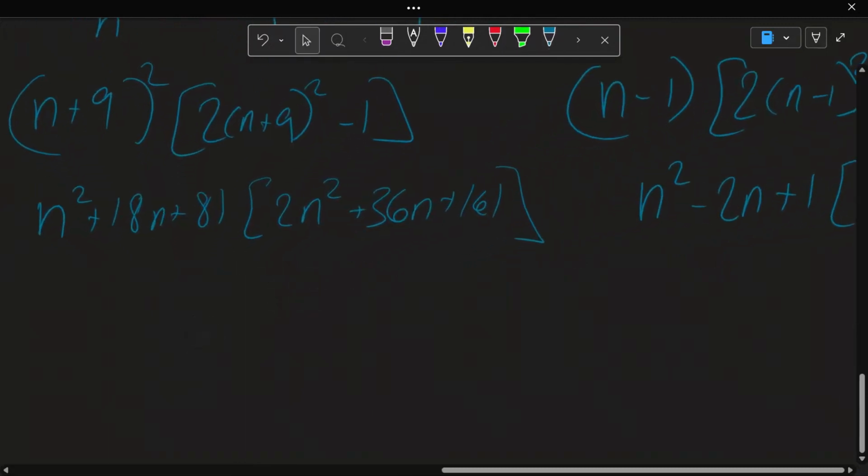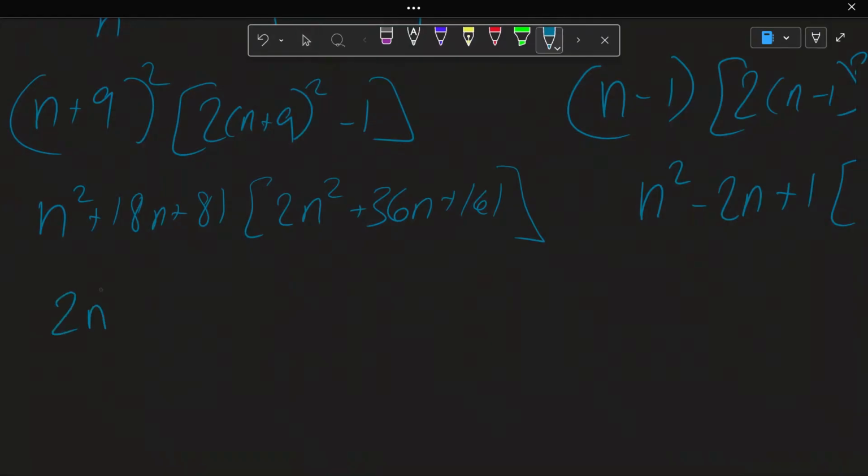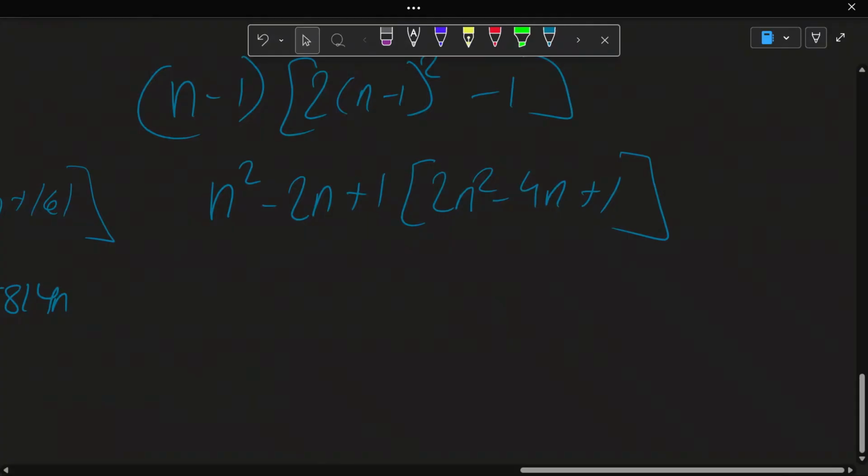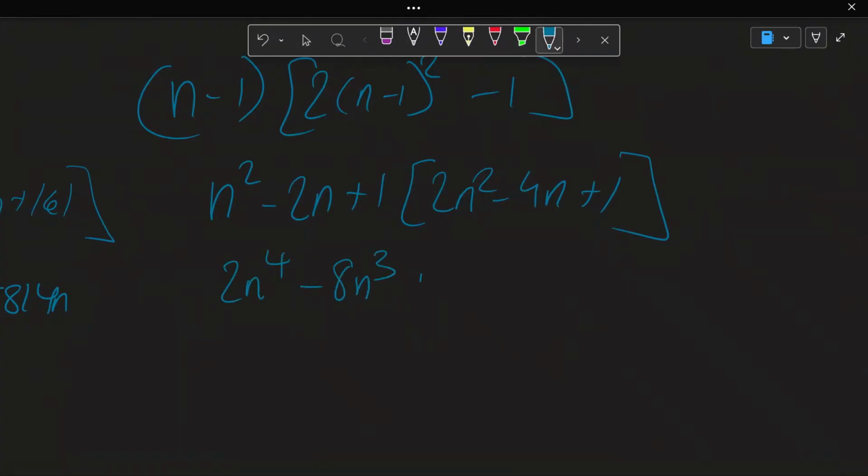Multiply this out. I actually did this beforehand, so I wouldn't have to sit in here and bore you. But this essentially gives us 2n to the power 4 plus 72n cubed plus 971n squared plus 5,814n plus 1,741. The other side gives us 2n to the power 4 minus 8n cubed plus 11n squared minus 6n plus 1.